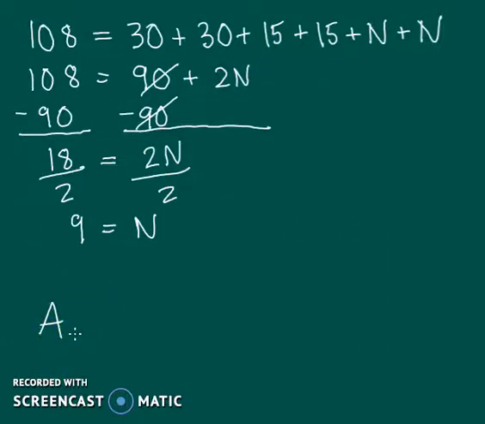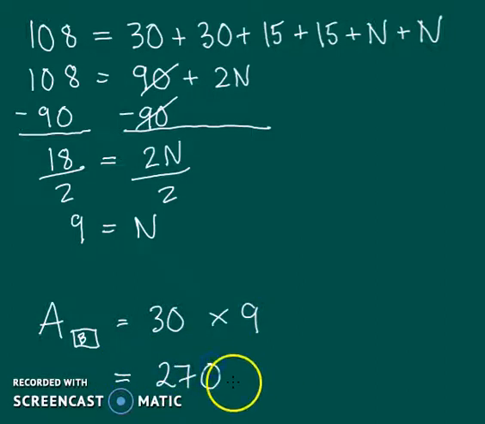The area of rectangle B is equal to 30 times 9, and that is equal to 270 centimeters squared.